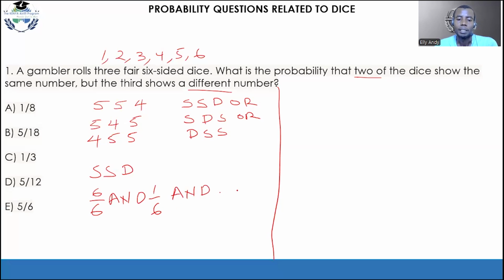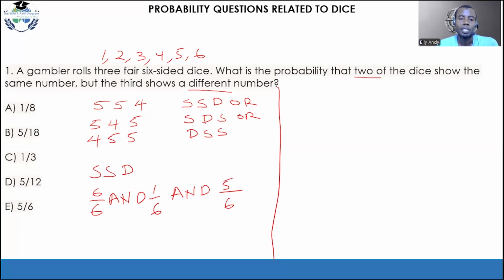What about for the third die? Can you figure out what it should be? Okay, for the third die, it should be different from all the others. So for example, if we had a 5 here, the third die can be any of the remaining numbers. So that will be 5 out of 6.